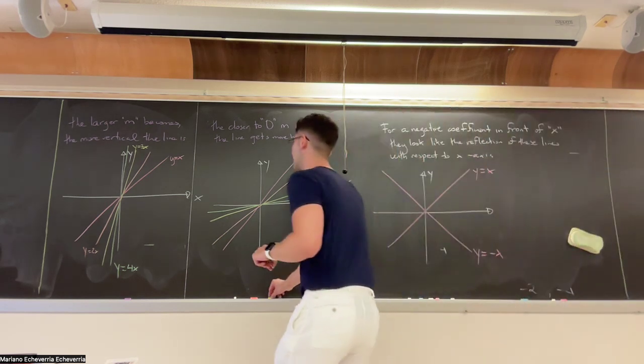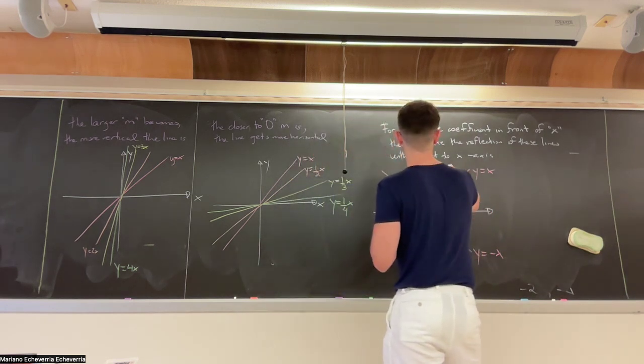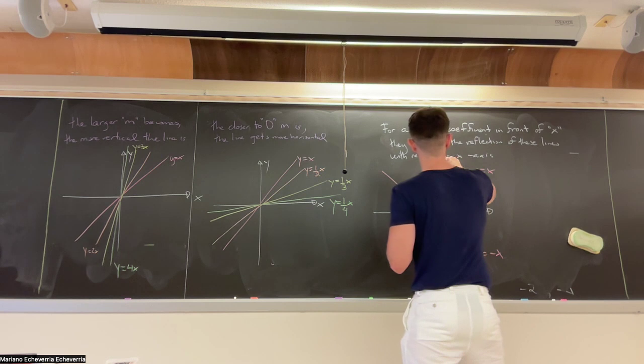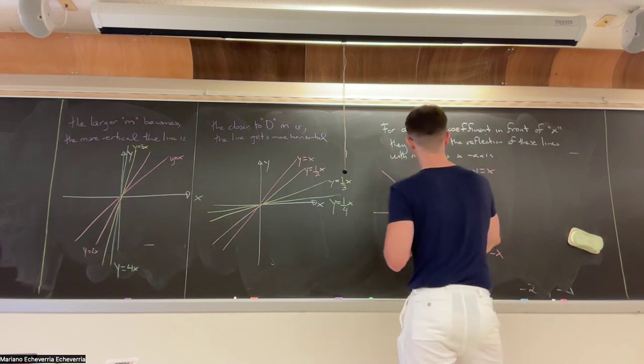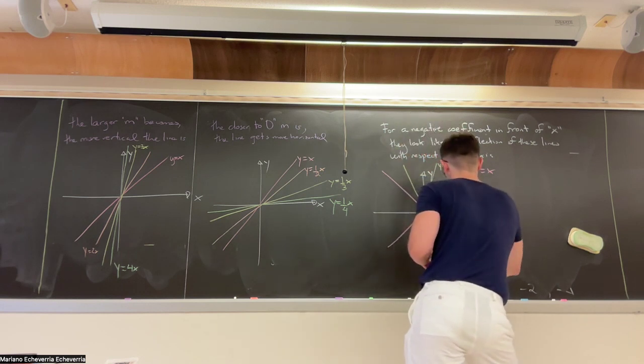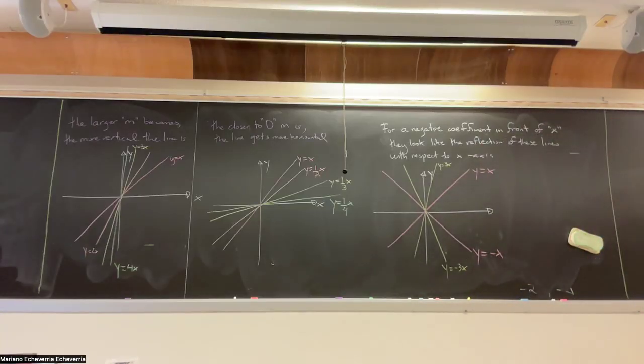I don't want to draw that many because it would become a mess. But here's y equals 3x, and then you reflect this like that. That would be that one.